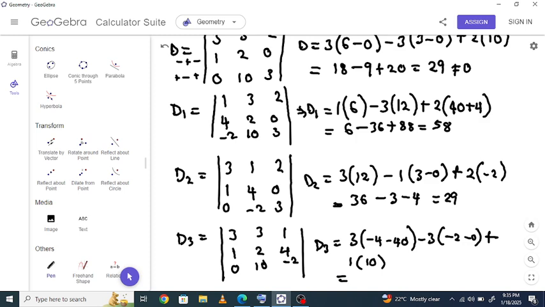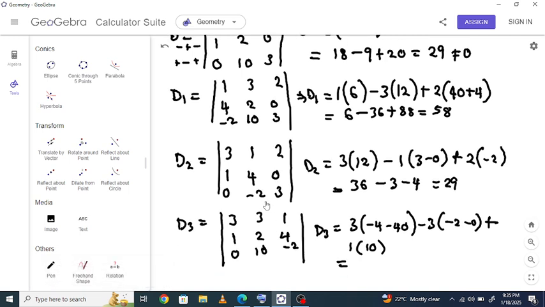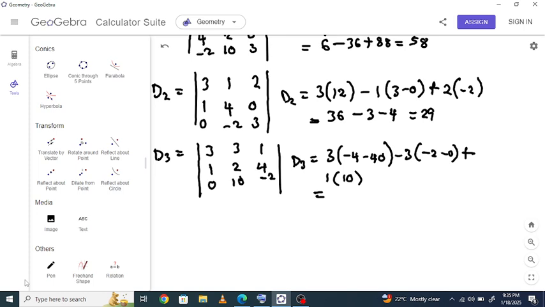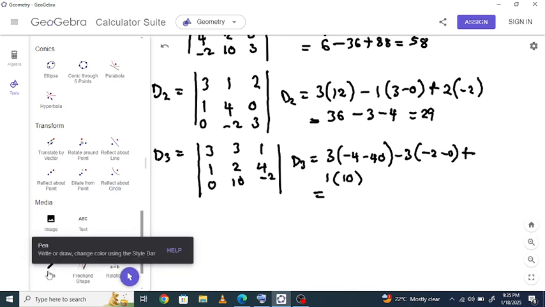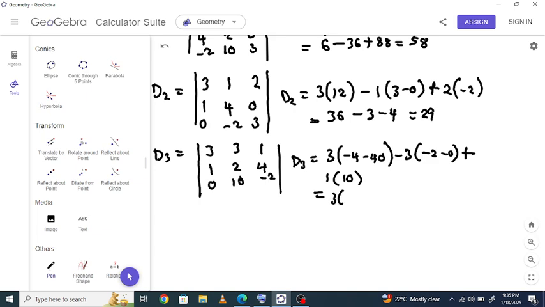And our answer now becomes 3 into negative 44 plus 6 plus 10, which is negative 132 plus 16. It gives us negative 116.